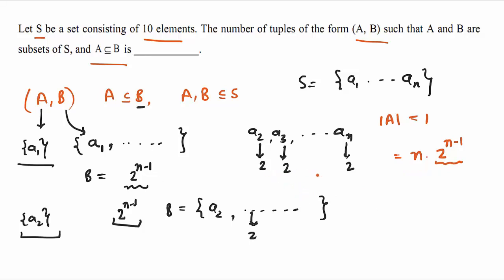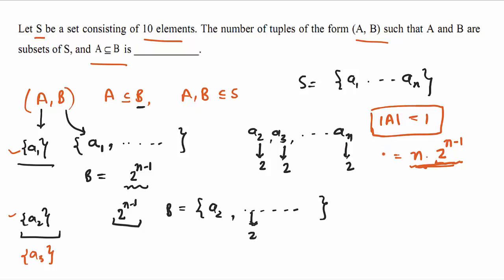For every n minus 1 element that we have, from there we are getting this 2 power n minus 1. And how are we getting this n? Since there are n possibilities for A also, like either it can have only A1, only A2, only A3, only A4, like that. If cardinality of A is 1, then there are total n into 2 power n minus 1 possibilities for B. Okay. But the question is saying that cardinality of A and B could be anything, right?